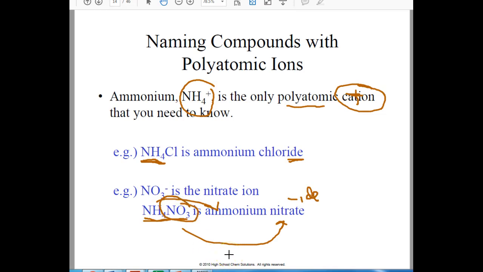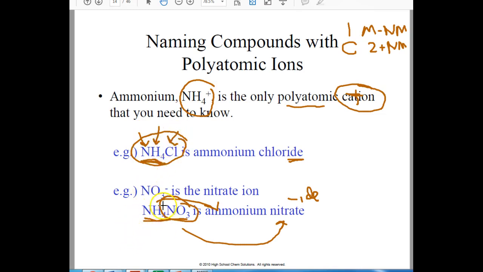Remember our rules for covalent and ionic? We said that if it's ionic, it'll be a metal with a nonmetal. And if it's covalent, it'll be two or more nonmetals. But look right here. NH4Cl, N is a nonmetal, nonmetal, nonmetal.